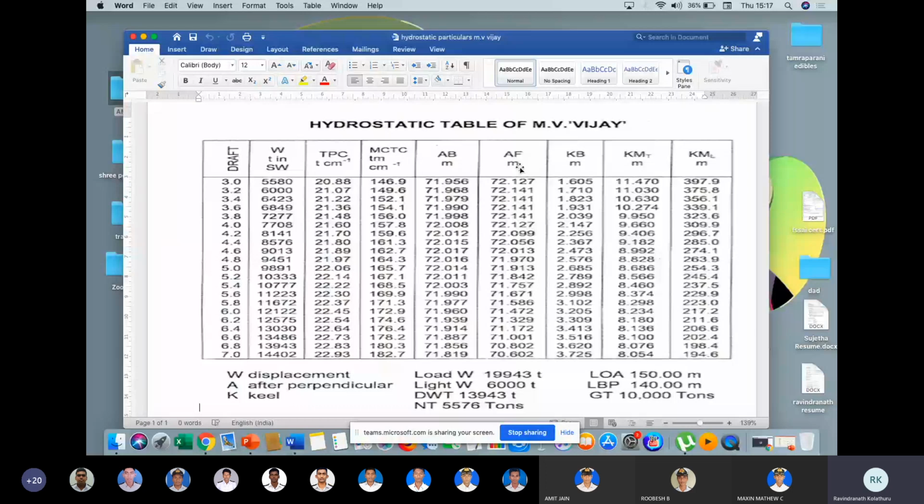So you can clearly say that LCF also depends on the water plane area, because it is the geometric center of the water plane area, and the water plane area is going to change with the drafts. So that is why LCF value also changes here. You can see for 3 meters, it is 72.127.